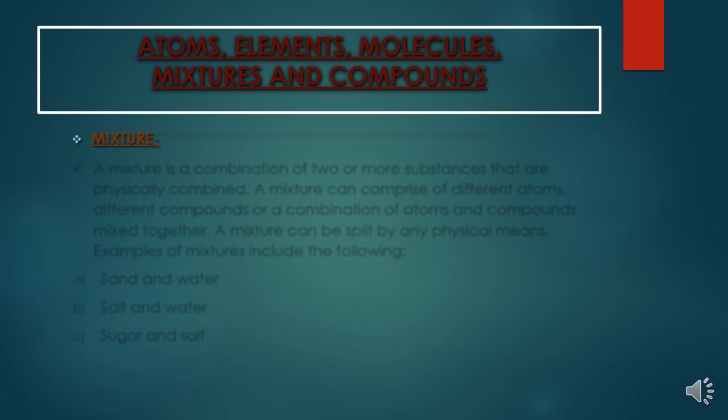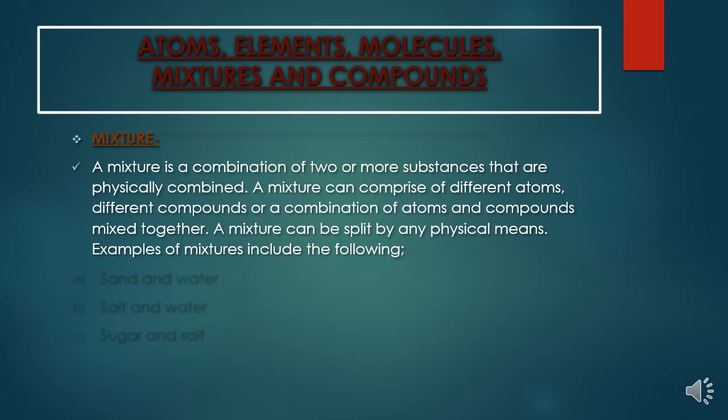Lastly, we need to know what a mixture is. A mixture is a combination of two or more substances that are physically combined, and it can comprise different compounds, or can be a combination of atoms and compounds mixed together.